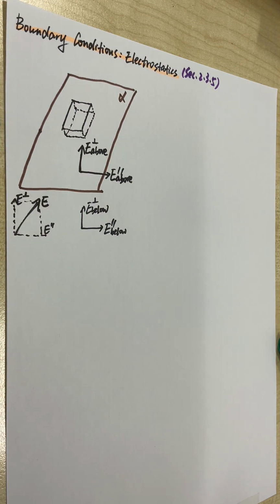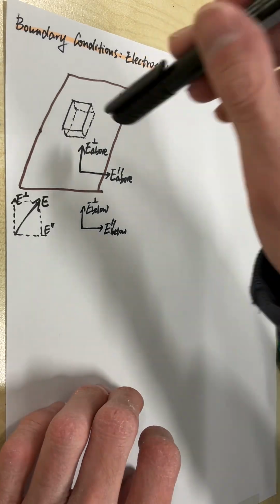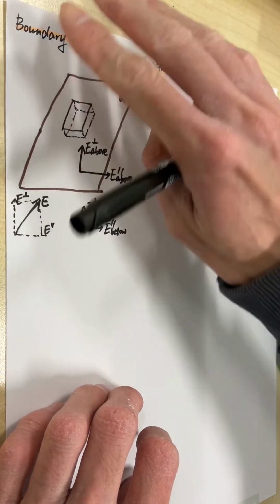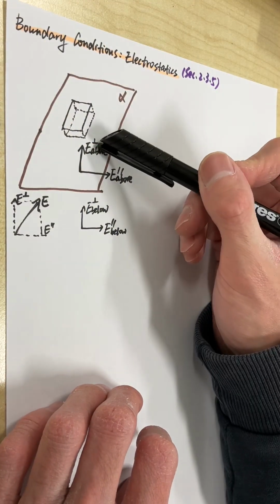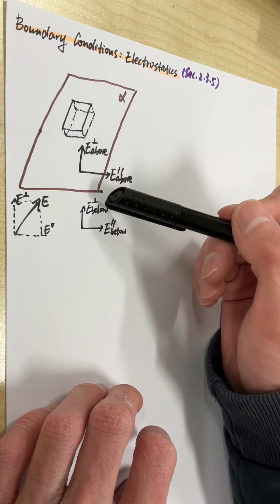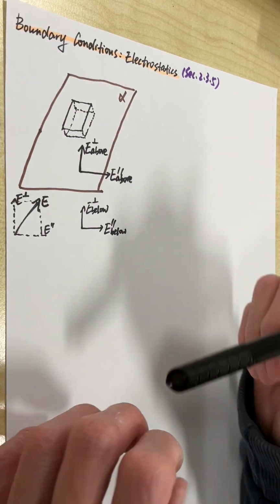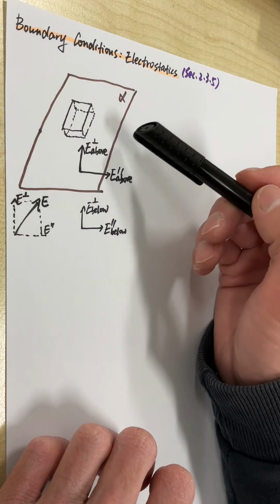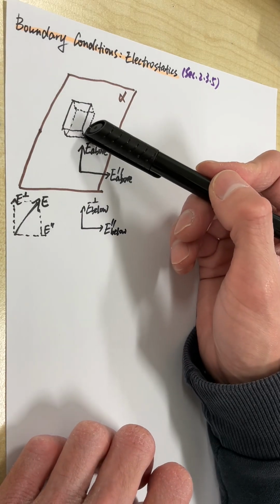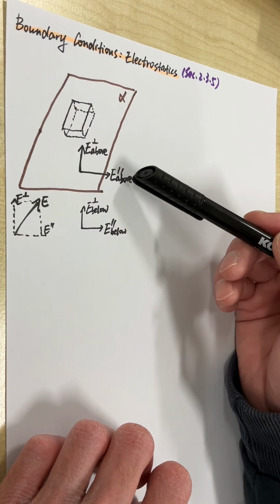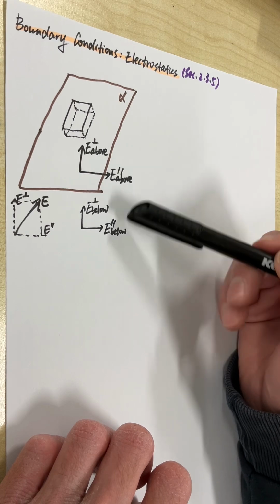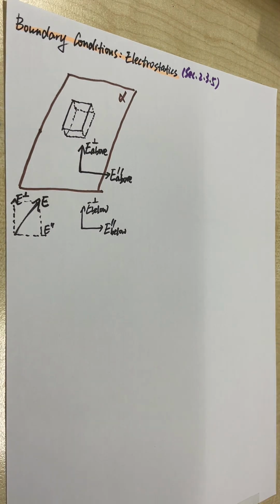For the electric field that crosses the two faces of the pillbox, we have the above normal component and below normal component. And for the electric field, if we observe this loop, then we will get the parallel component above and below. Let's look at them in detail.